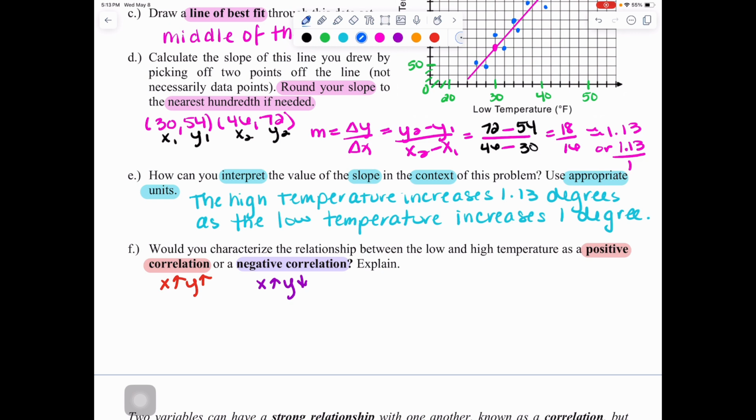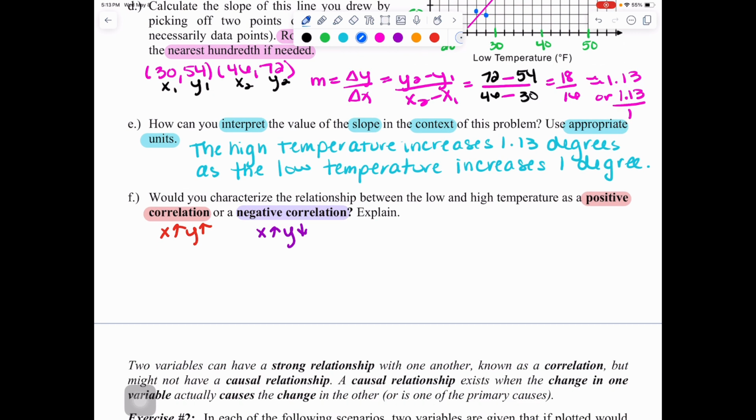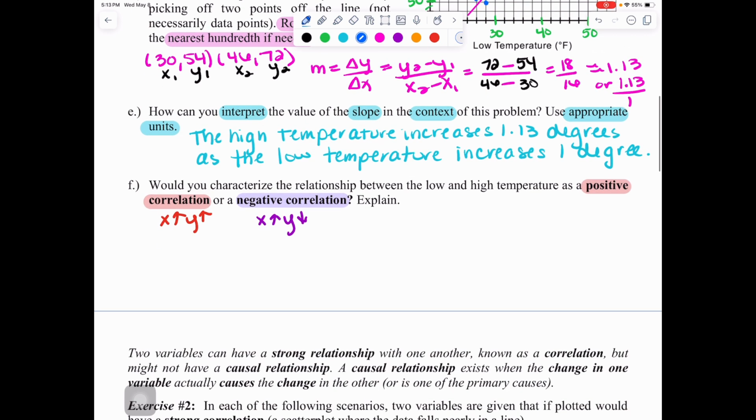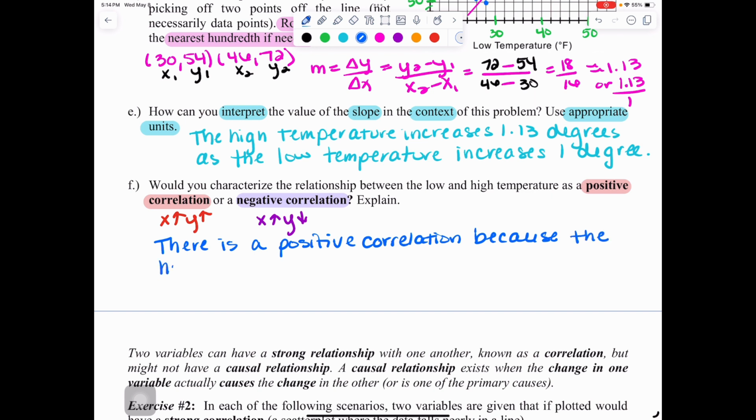So we have to describe what we think ours is. So when I look at this, I see as x goes up, y also goes up. So this would be positive correlation. So there is a positive correlation because the high and low temperatures are both increasing.